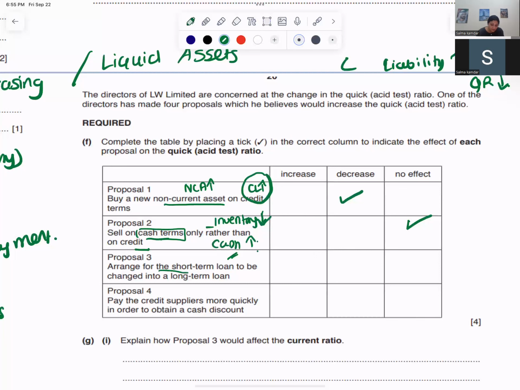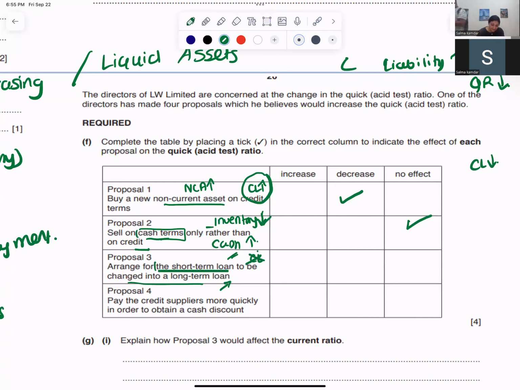Arrange for short-term loan to be changed into a long-term loan. If my short-term loan gets converted into a long-term loan, that means my current liability is going away. If my current liability is going away, that means my quick ratio will increase because current liability is decreasing.